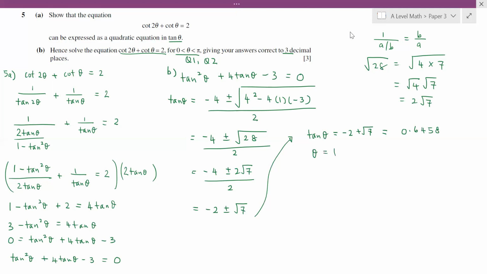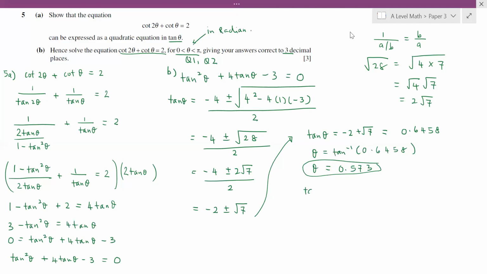Then theta is given by arctangent of 0.6458, and we have a value of 0.573. Theta is in between 0 and pi, meaning that theta is in radians, so make sure that your calculator is in radian mode. That is the first answer.